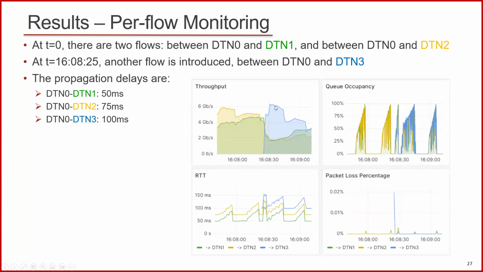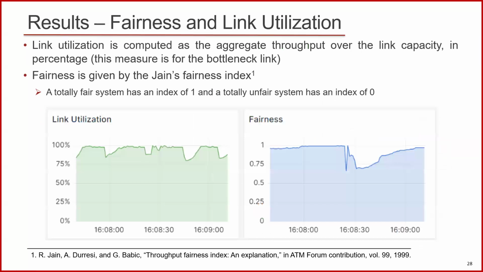One flow, the blue flow, is consuming most of the bandwidth, but as time passes, the three flows start to converge and have a fair allocation of bandwidth. This depends on the congestion control algorithm, but that's the reason why the fairness starts to increase gradually till it reaches almost 1 here as the three flows converged.